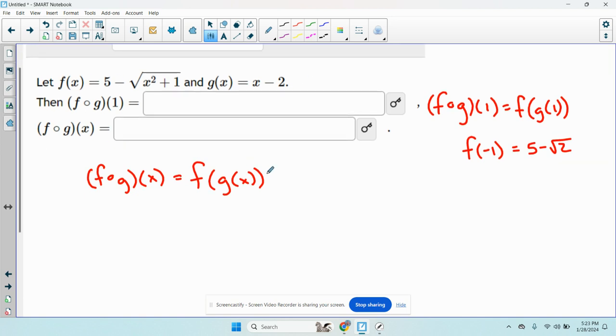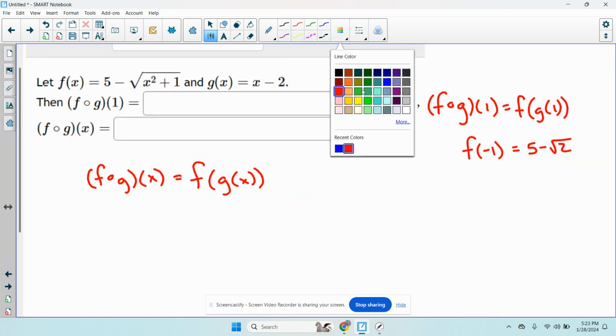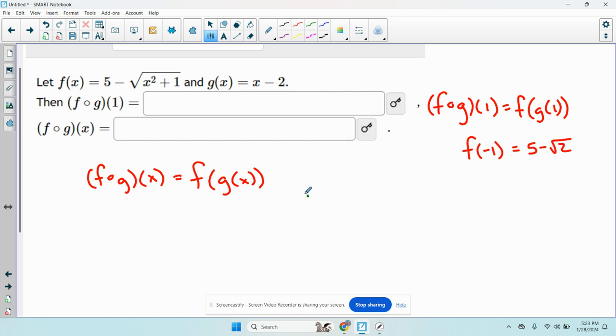Or you can find the composition first. f composed with g of x is f of g of x. Write f and replace x with parentheses, x squared plus 1. And write in g.